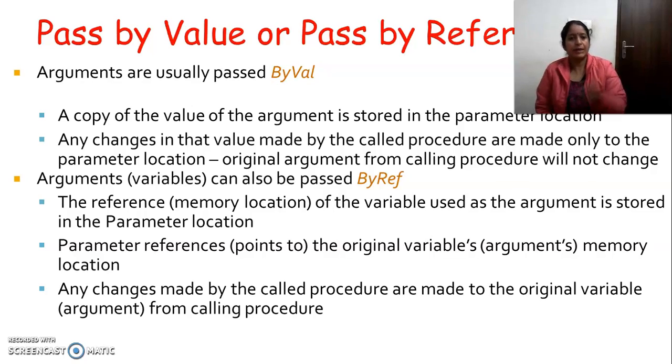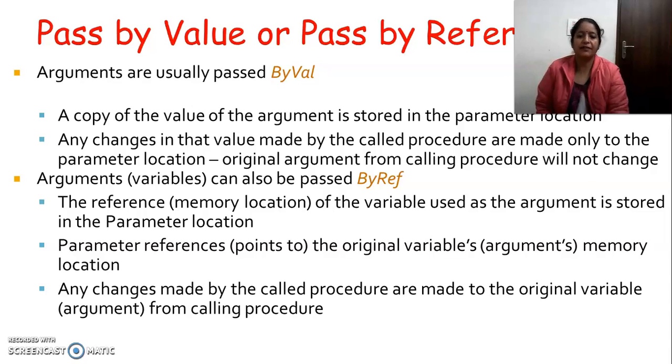When the subroutine exits and returns control to the calling program, the variables that were passed by value retain the same value they originally had before the call. In Visual Basic, we use the keyword ByVal to pass the argument by value.